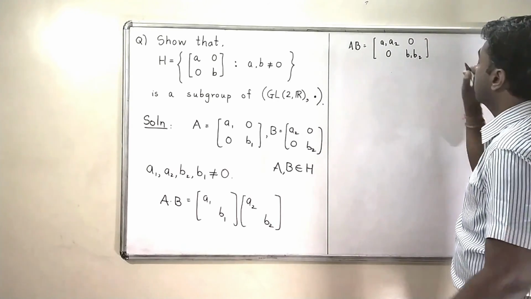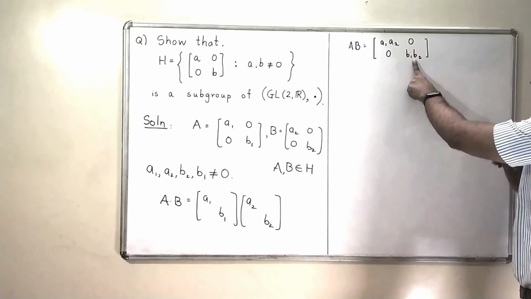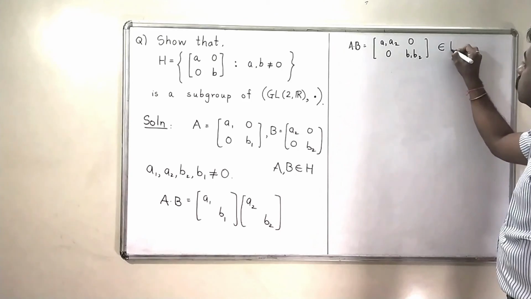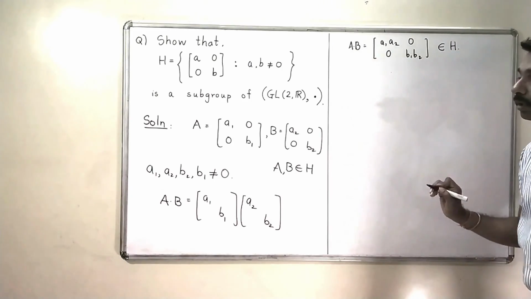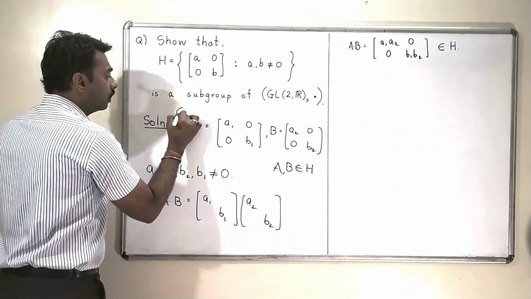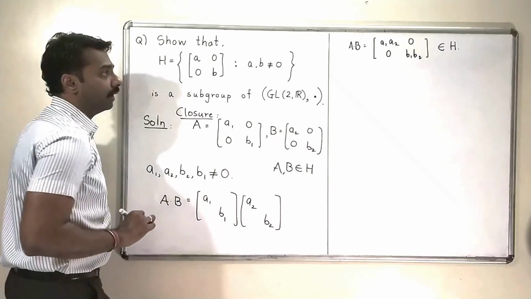Again, this entry is not equal to 0 and this entry is also not equal to 0. Therefore this multiplication of matrices A into B belongs to H. So the closure part is done. Let me write here, this was our closure part. So the closure is satisfied.